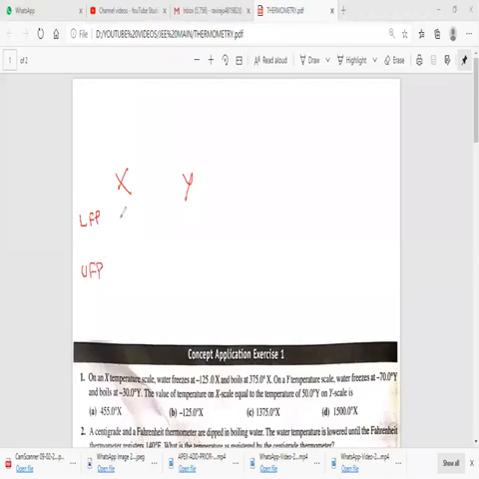What is the value of the lower fixed point on the X scale? That is minus 125. And the upper fixed point is plus 375. And on the Y scale it is minus 70 and minus 30.